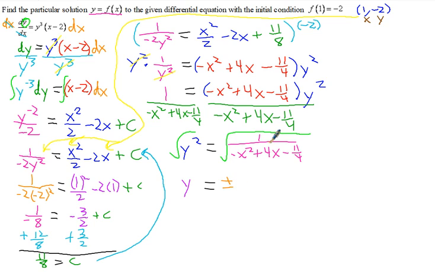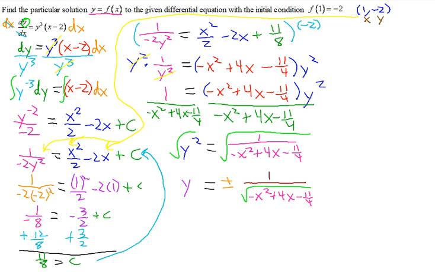And the square root of 1 is just 1, so that simplifies to just be 1. But then in the denominator, that doesn't simplify, so we still have the square root of negative x squared plus 4x minus 11/4.